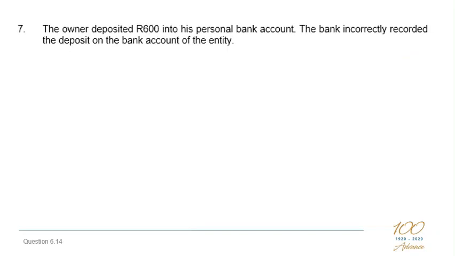The owner deposited 600 Rand into his personal bank account. The bank incorrectly recorded the deposit on the bank account of the entity. So my decision tree: who made the mistake? The bank incorrectly recorded the deposit, so I will have to fix it in the report to the bank.